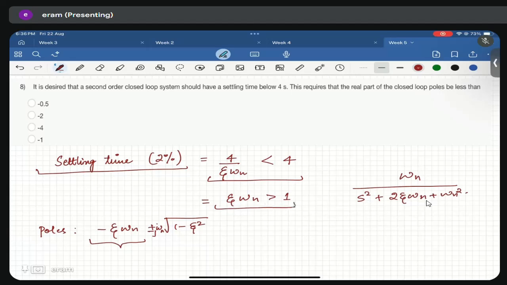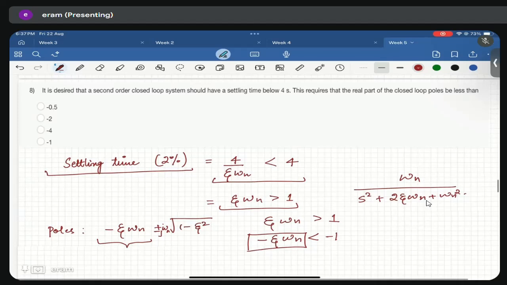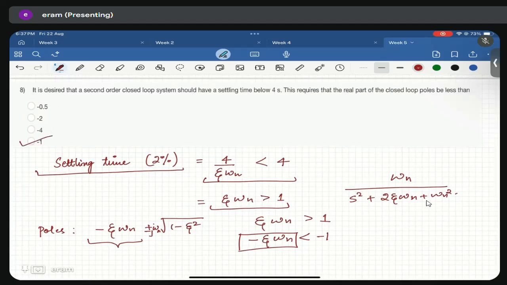So from here we have achieved that zeta omega n should be greater than 1, but the real part is minus zeta omega n. So if we incorporate the minus, then it will be less than minus 1. So this is the real part, meaning the real part should be less than minus 1. The last option.